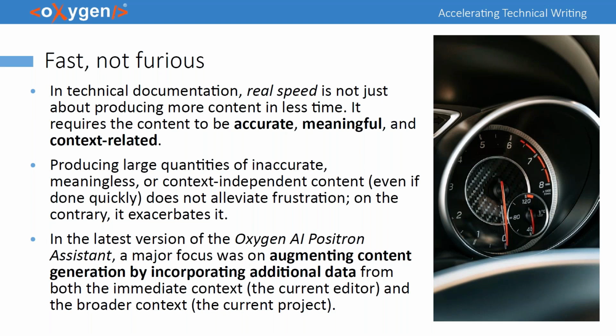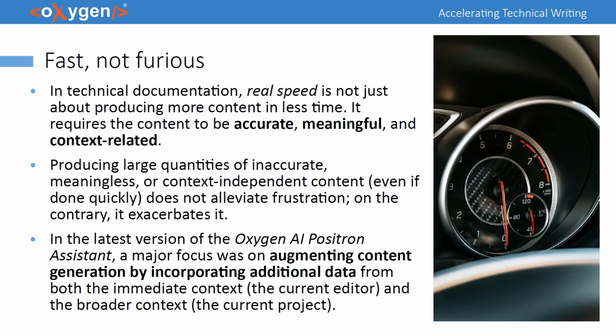We also care about the content in terms of being accurate and being meaningful and fitting into the context. The context can be a section in a document or the document itself, a chapter or the project.